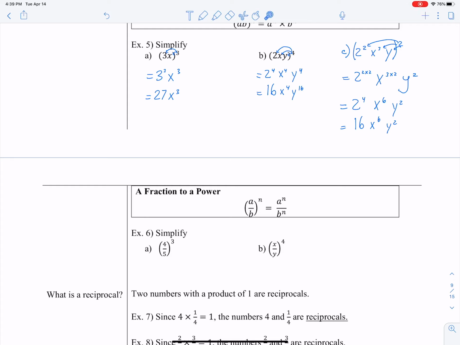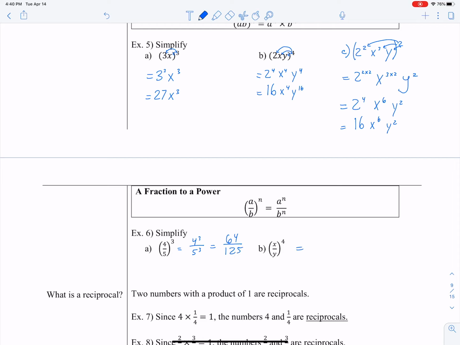It doesn't matter if it's in a fraction form or not. So here we're going to say that we get 4 to the 3 and 5 to the 3. And then you can put 4 to the 3 in your calculator, you get 64. You can put 5 to the 3 in your calculator and you get 125.